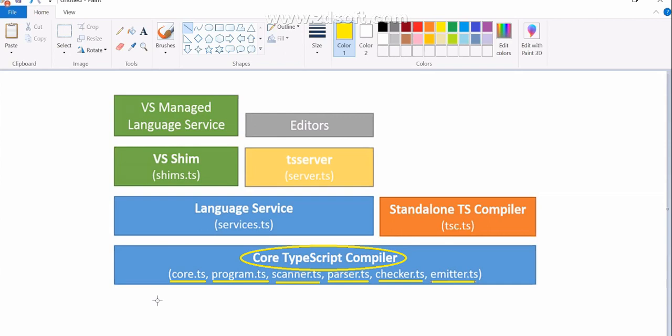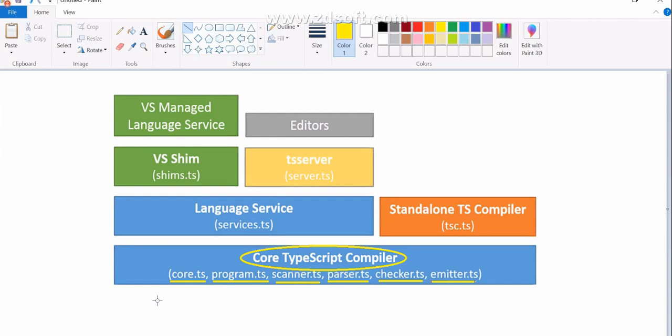Parser is responsible for translating one type to another type. Checker is used for verifying the data types, the variable types, the keyword types, function types. All this is done by checker.